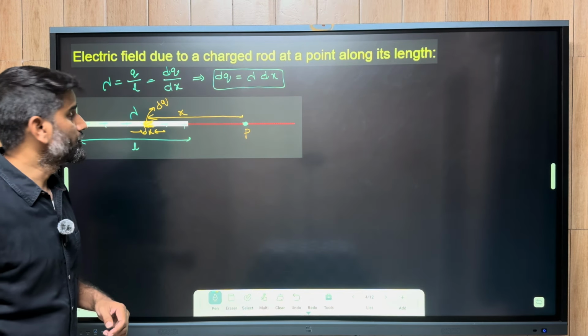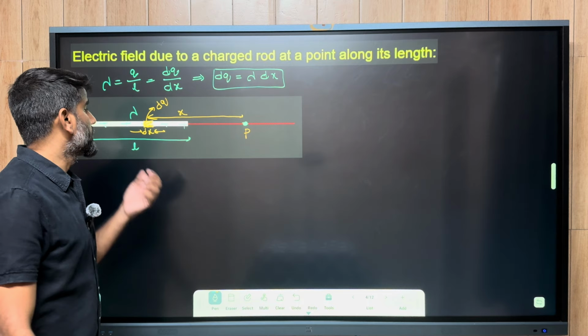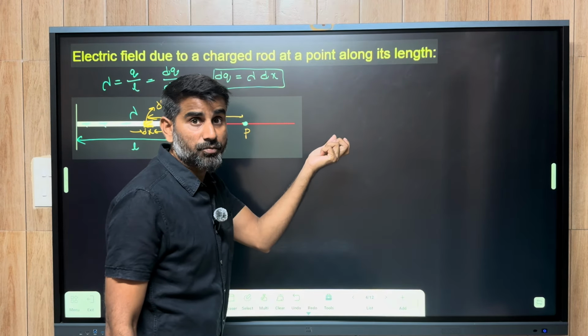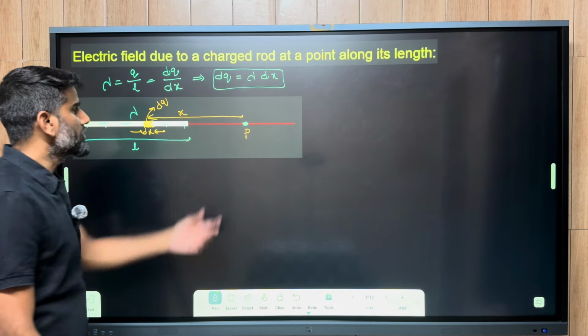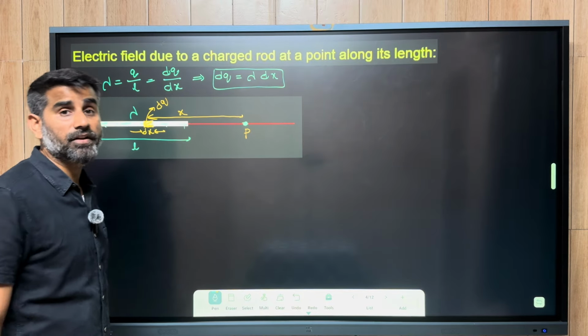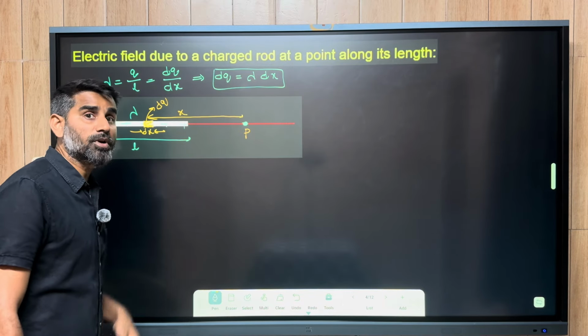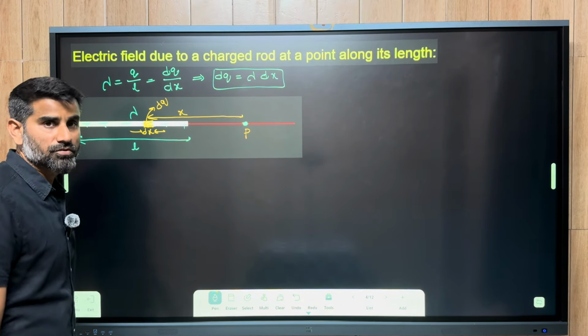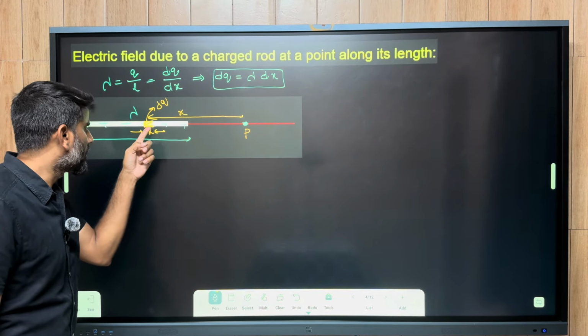And as we already know, the electric field due to a positive charge is always away from the positive charge at the point of interest. This is our point of interest where we are going to find the electric field due to this entire rod, but before that, due to this small element. Now I'm going to write the equation for the electric field due to this small element only.